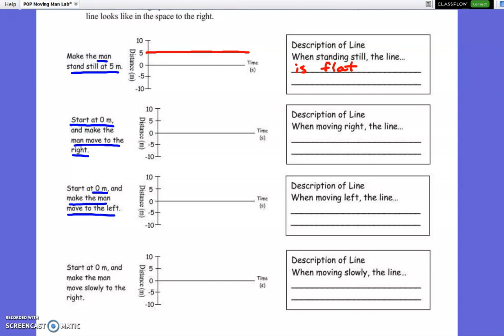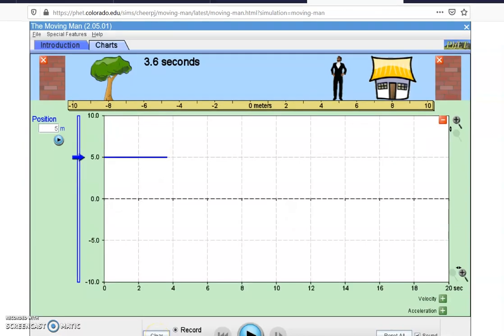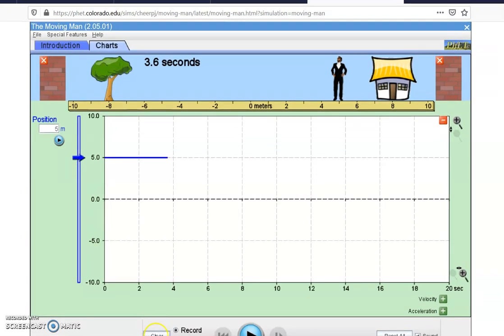The next one, we're going to start at 0 and make the man move to the right. So we're going to clear this here. We're going to start at the 0 mark. And we're going to make the man move to the right.